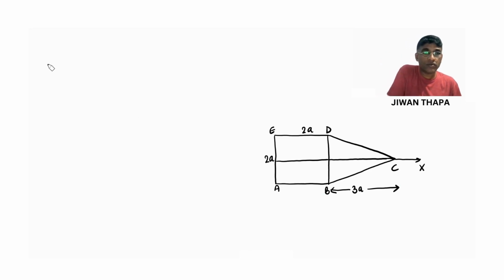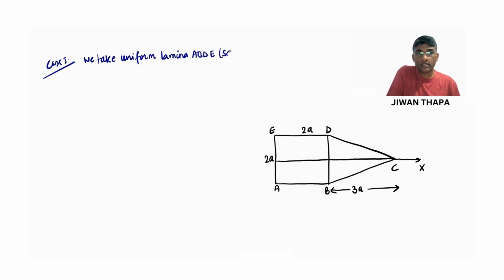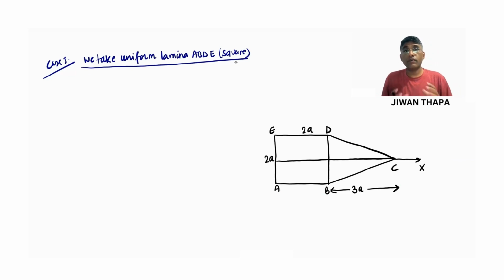So first we take uniform lamina ABDE, which is a uniform square lamina, and we find its mass and center of mass.